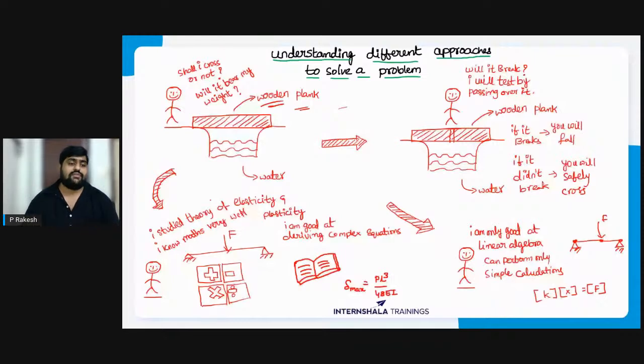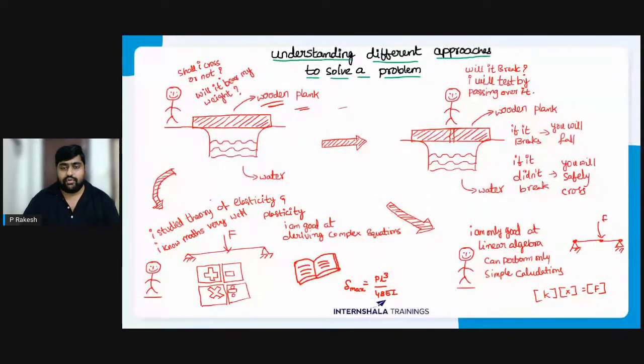And if you perform an analytical solution, you will get accurate results, but when you solve any problem using the numerical approach, you will get an approximate result. So these two are the main differences between the numerical approach and the analytical approach.